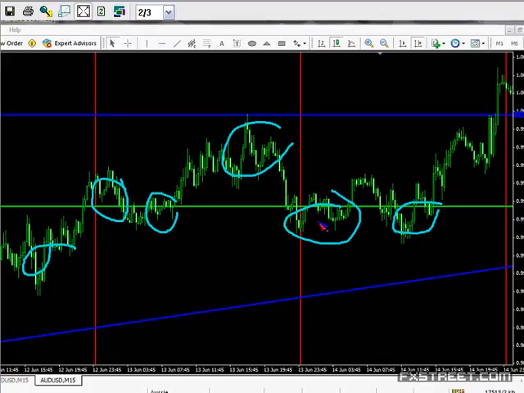Okay, I go after the big fish. I'm willing to sit on the sidelines and do nothing for days on end, and then wait for the big fish to come along and hook it and stay on that trade for a week or two. Okay, I'm not the get in, get out, 17 times a day kind of guy.